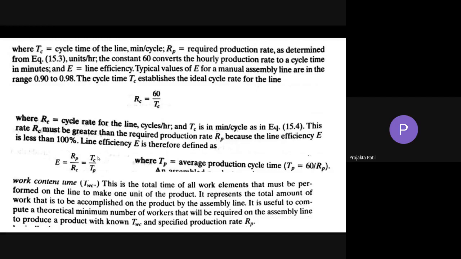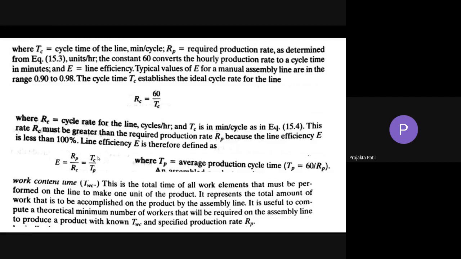This is the total time of all the work elements that must be performed on the line to make one unit of the product. So the total time required from the start of the assembly operation till you get the completely assembled product is called the work content.